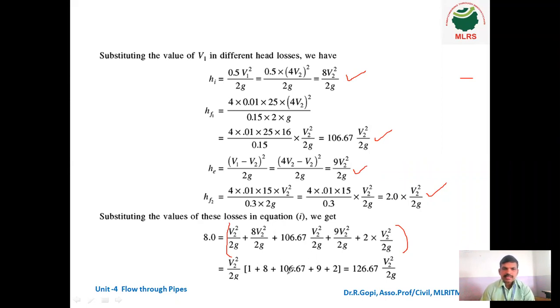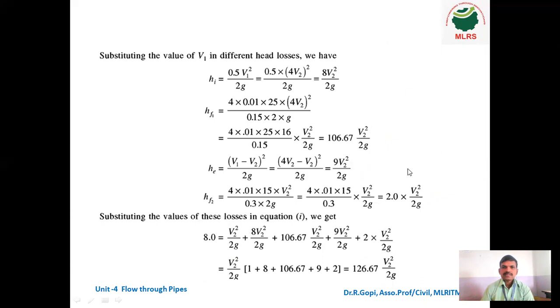It is 126.67 V2 square by 2G. This is the answer, which is equal to 8.